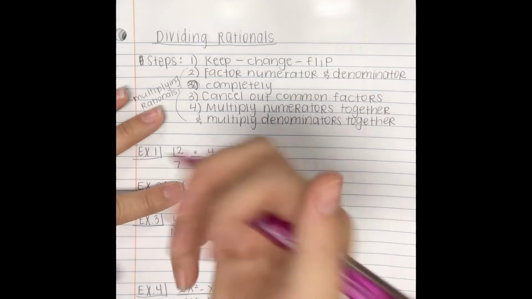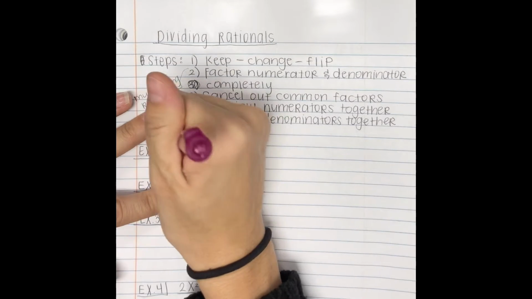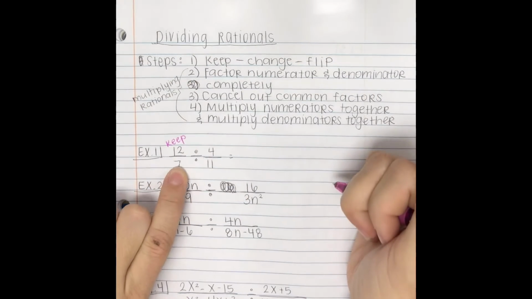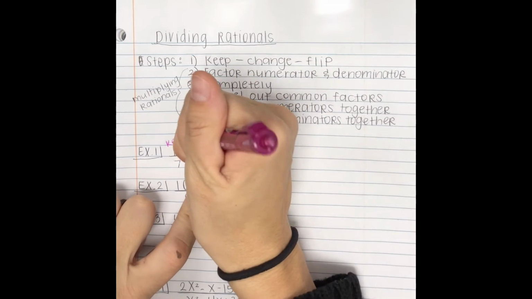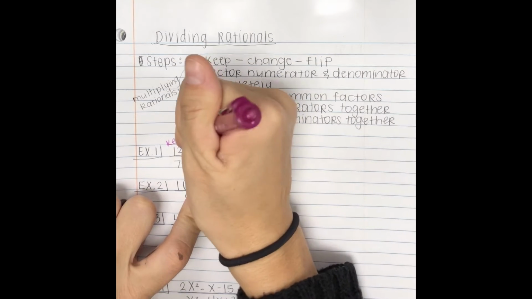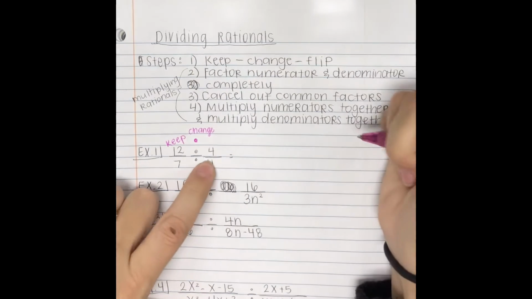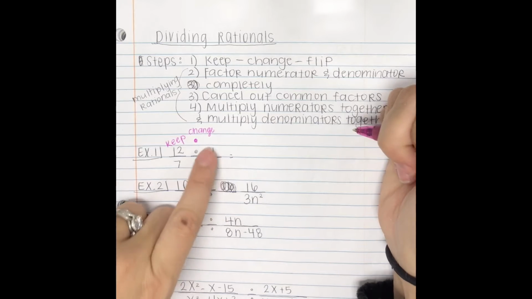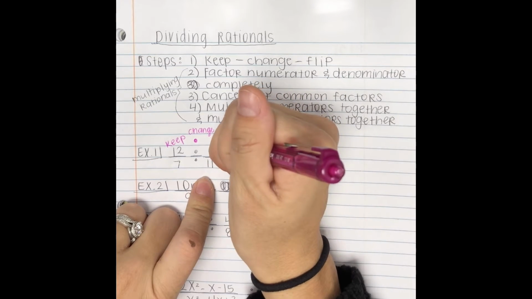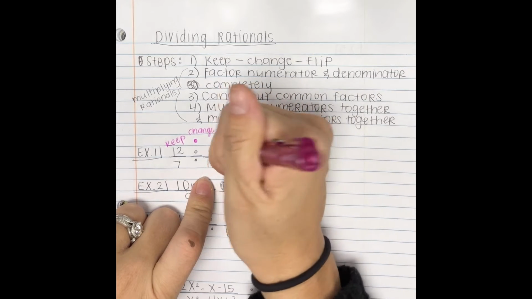What that means is you keep your first fraction how it is. You change the sign from division to multiplication. And then you flip your last fraction, so it's now going to be 11 over 4.